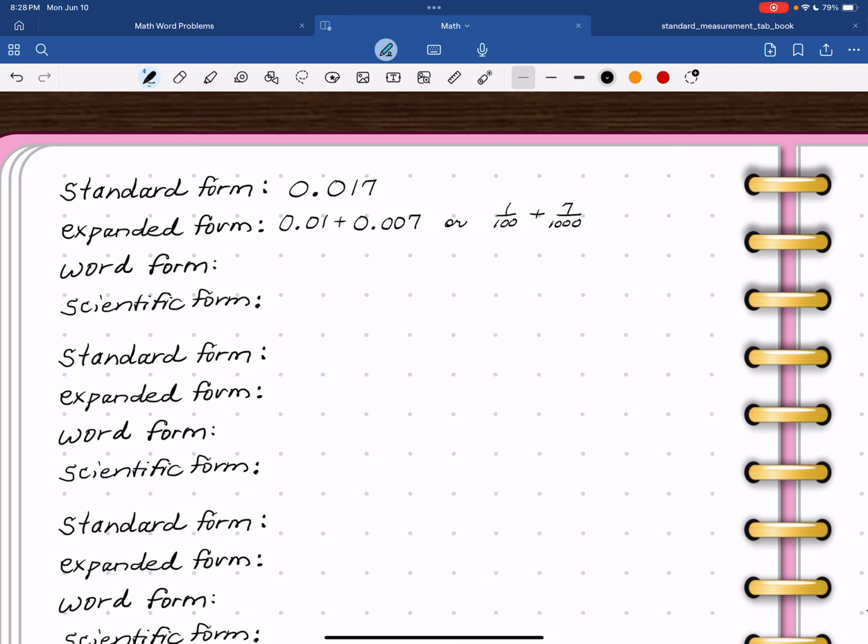To write this, you take your number, 17, and it ends in the thousandths place. So that is where you get this word. It's not thousand, it's thousandth. And since it's more than 1, it's thousandths. So 17 thousandths is your word form.